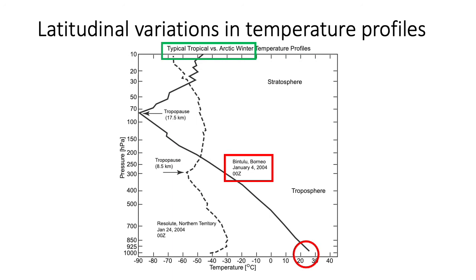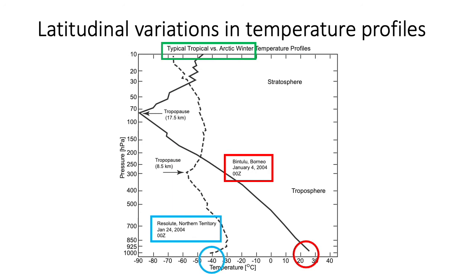For the wintertime polar sounding, we have one from Resolute, which is a station in the far northern territory of Canada. And this is a January 24th sounding, so dead of winter, there's no sun. The surface temperature is minus 40 degrees Celsius. So very different in terms of the surface temperature.